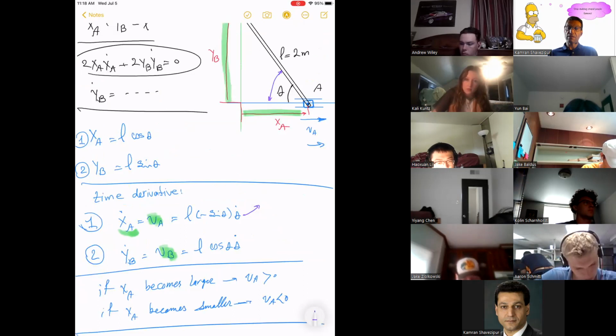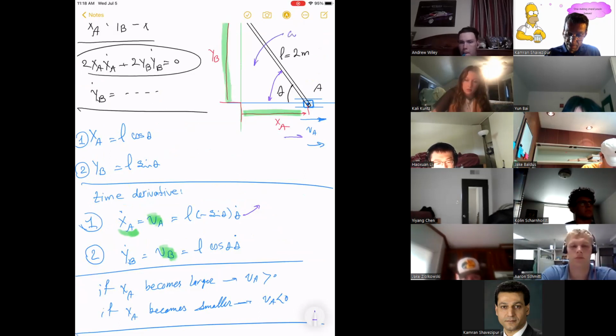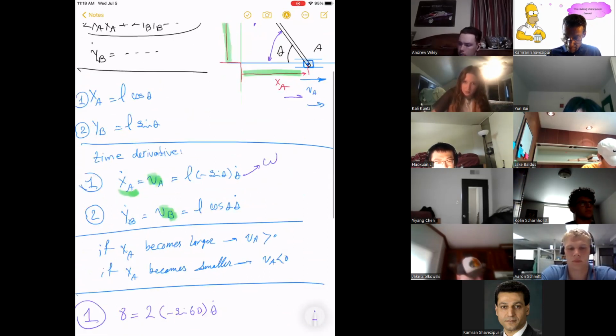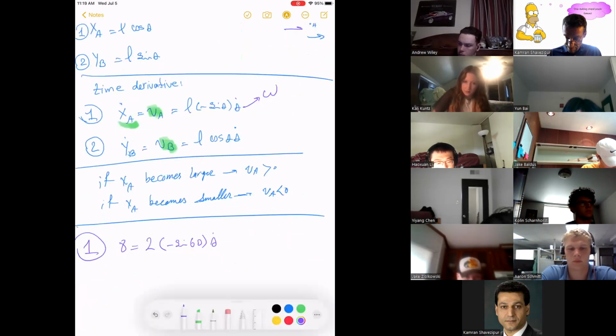This theta dot, when this goes here, gives an omega of theta dot going this way. So this is technically omega. I'm going to put omega here.